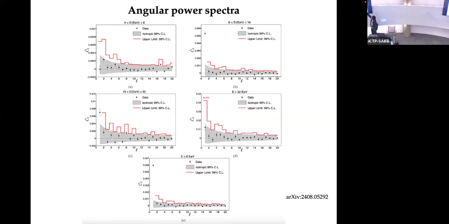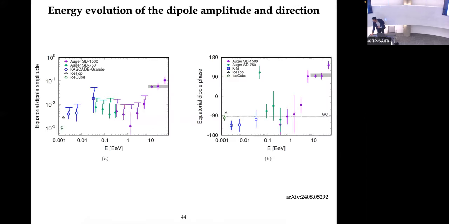And that's the case for the 8 to 16 energy band. It's only the dipole. Here from 16 to 32, we are starting to get to the 90, I think this is 95%, 99% upper limit. In this energy bin, we are starting to move outside the 99% upper limit from isotropic.